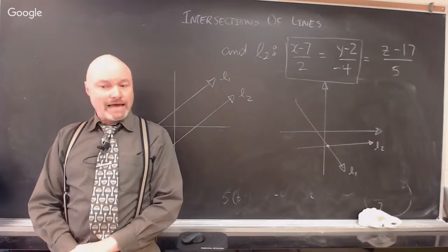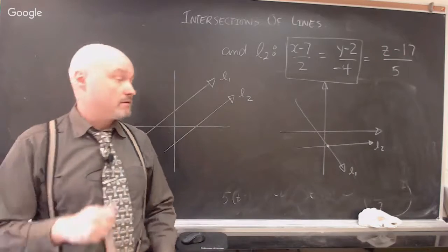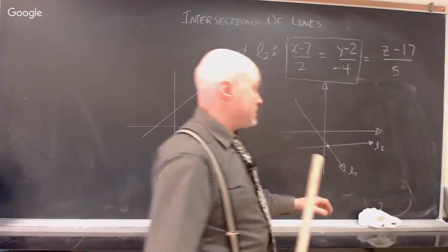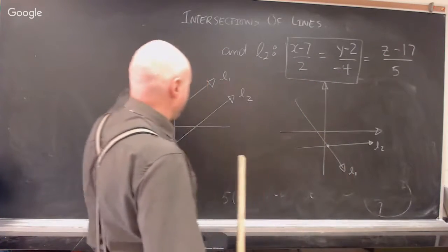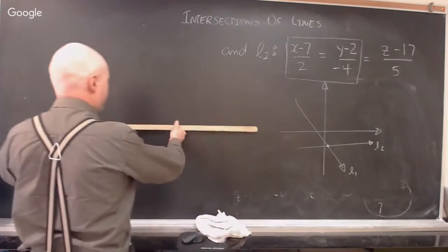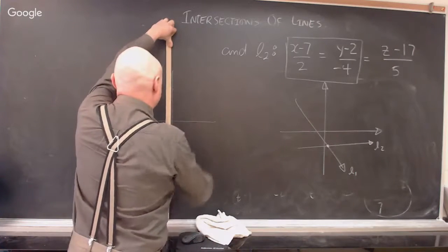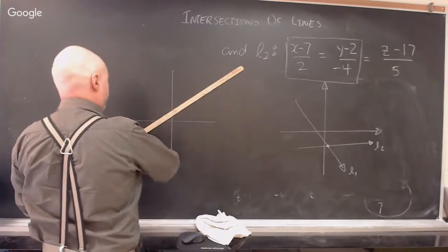And the last possible organization in two space is that situation where they call the lines coincident. And so really it just means they're the same line.